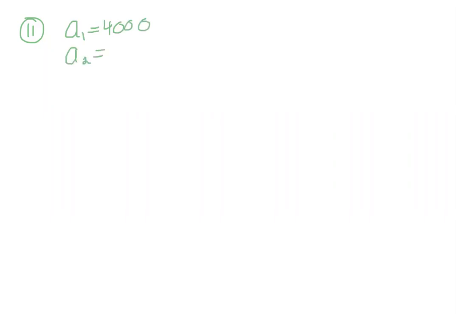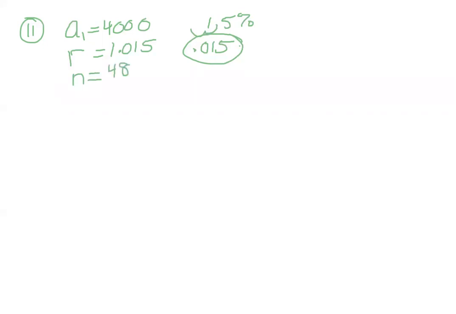A2 is, okay, 1.5% is 0.015, but not A2. Why did I write A2? That's R. R is this added on to the one before it, so it has to be 1.015. And then N is 4 years, but we're counting it in months, so it's 48.